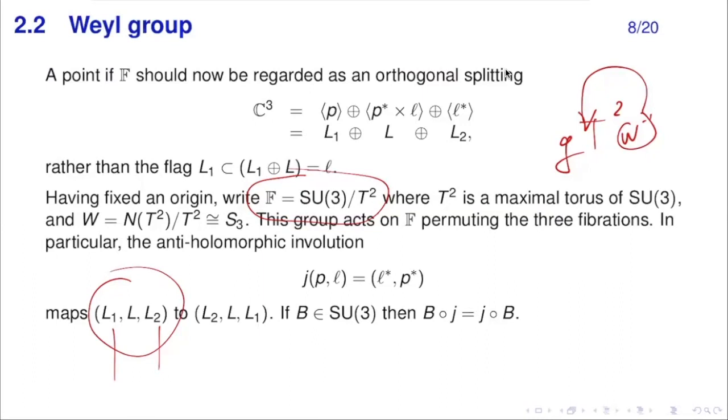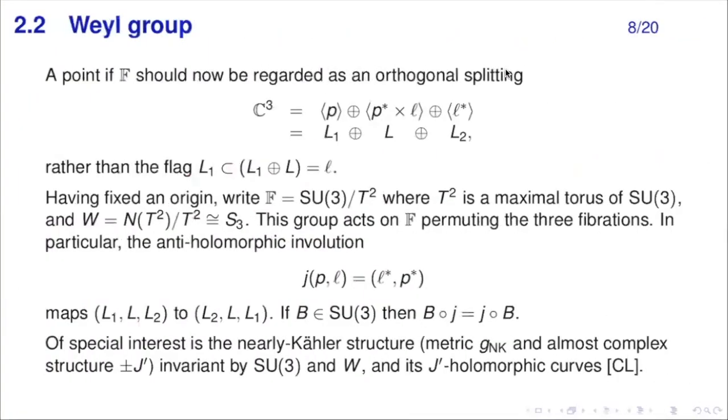That's the anti-holomorphic involution that really defines the twistor lines. The lines that are invariant by J are the twistor fibers, the fibers of the vertical fibration. And J commutes with SU3.